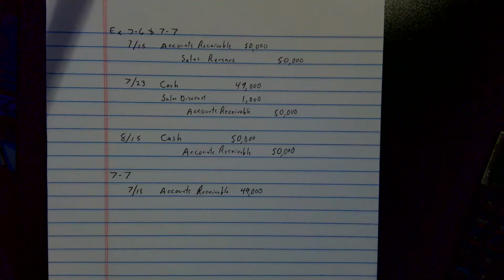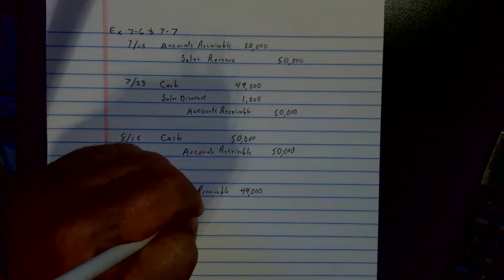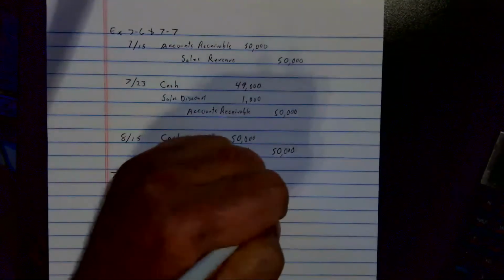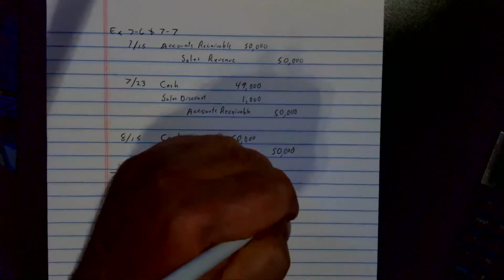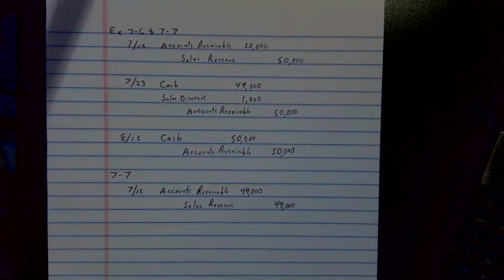We know this customer pays on time, so we're just going to book it as if we're going to receive the $49,000, and then we'll have the sales revenue of $49,000. So that would be the entry under the net method.